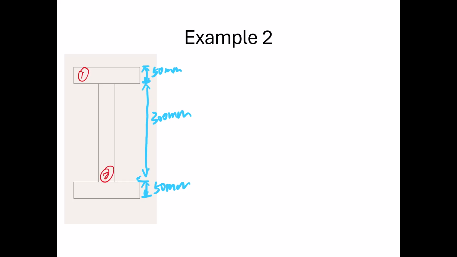Here is the x axis, and here the 3. The centroid is just here. So dy1 will be 150 plus 25 equals 175. dy2 is 0.